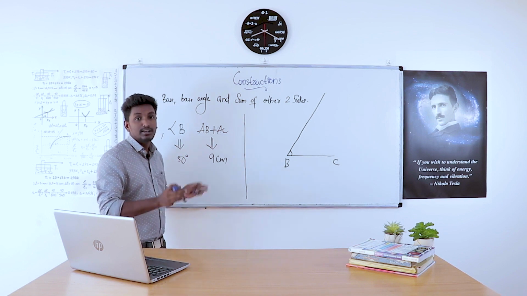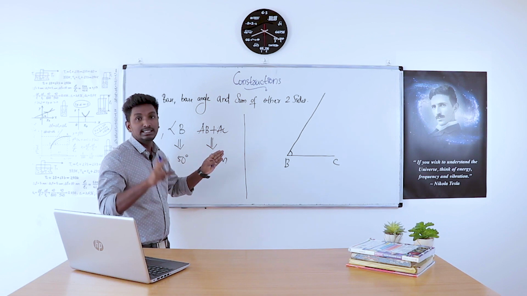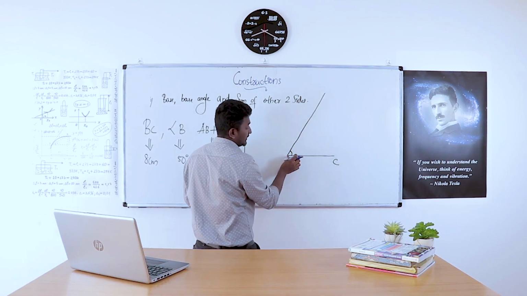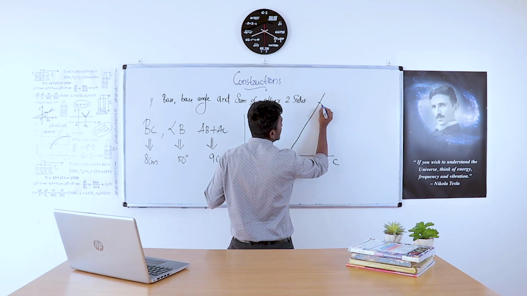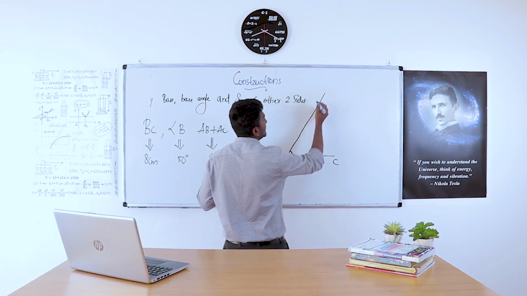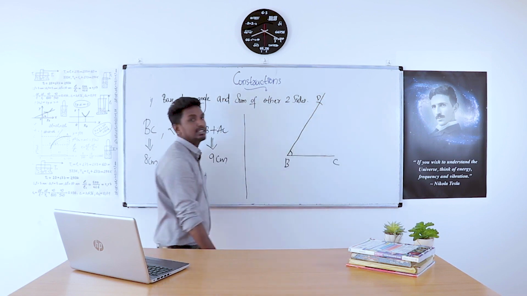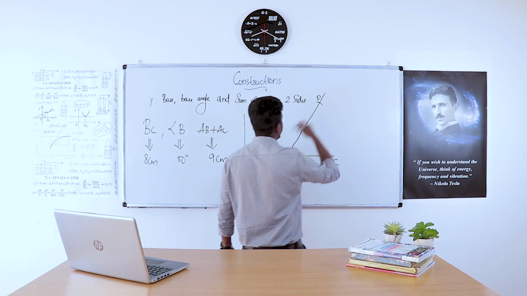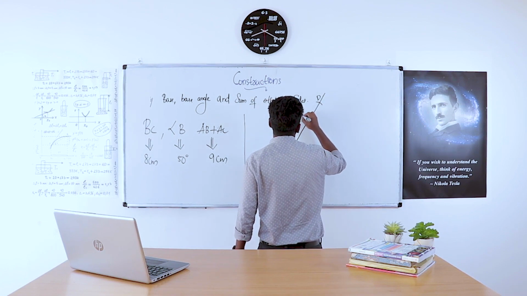Whatever the length may be, take that length, the sum of the sides, in your compass and fix your compass here, and using that length, draw an arc or just cut it, marking it as D. Clear? And this length BD is AB plus AC. This is the third step.